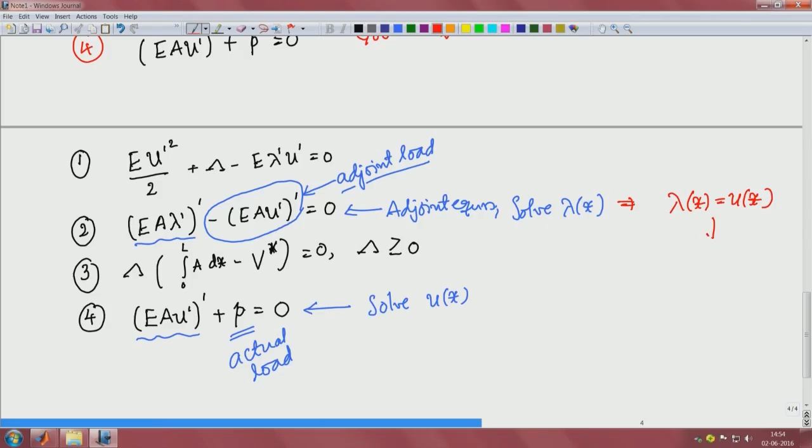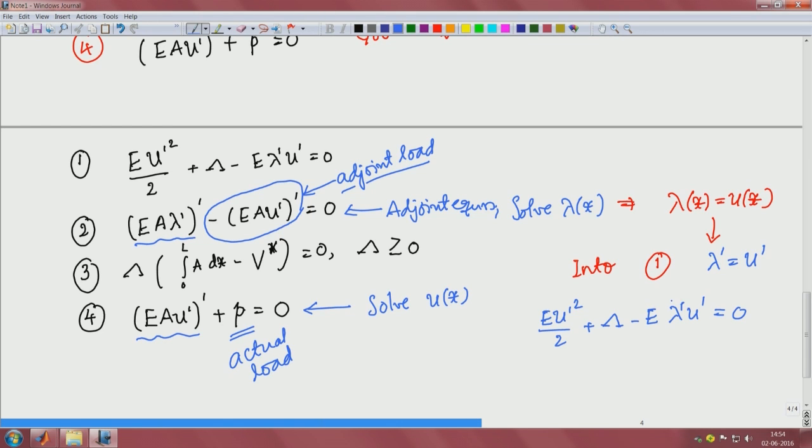Now, knowing that, if we substitute this result into 1, what does 1 become? We have E u prime square by 2 plus lambda minus E lambda prime u prime equal to 0. If lambda is equal to u, we also know that lambda prime will be equal to u prime.